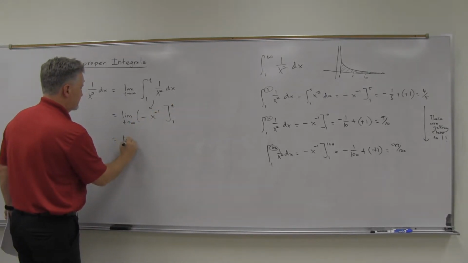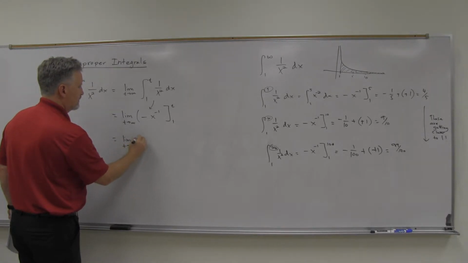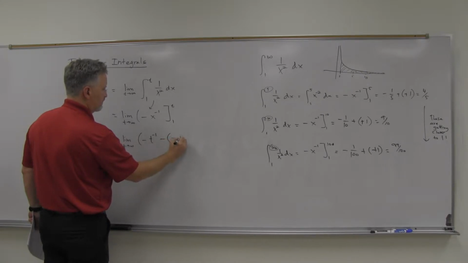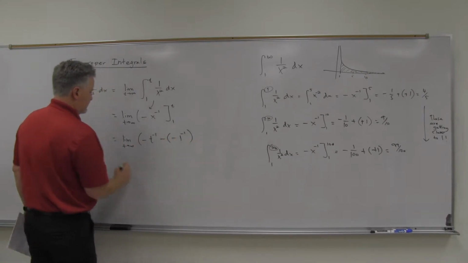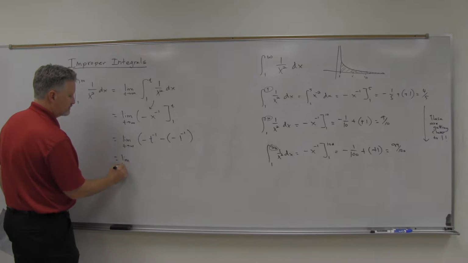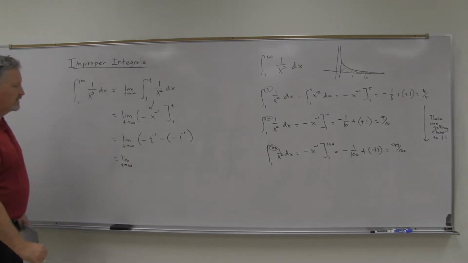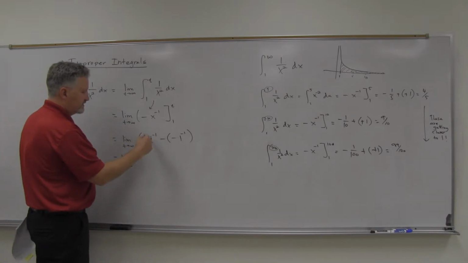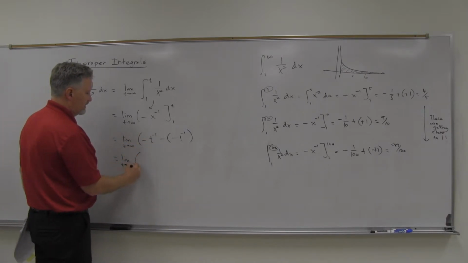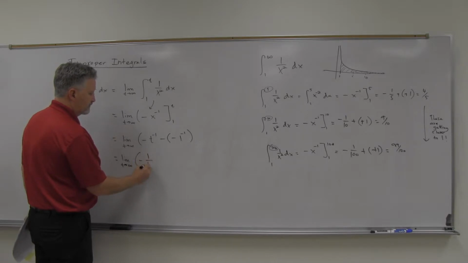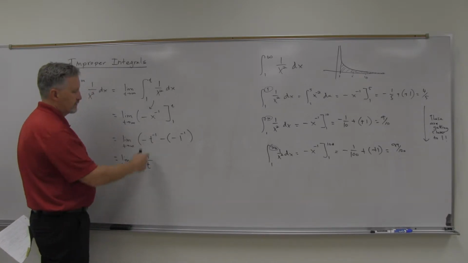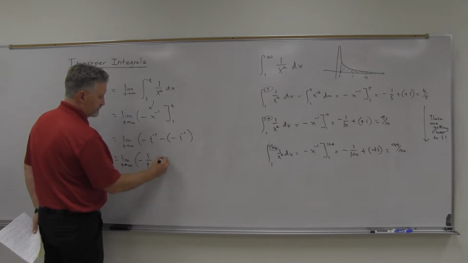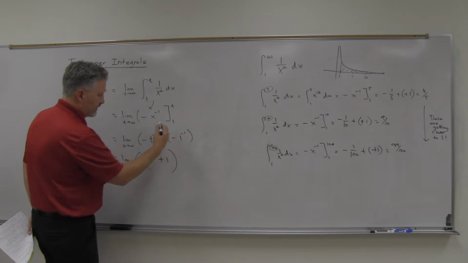It'll be negative t to the minus 1 minus negative 1 to the minus 1. And probably, when you get to these negative powers, it's a good idea to write them as positive powers. So t to the negative 1 is 1 over t. Of course, this is plus 1.